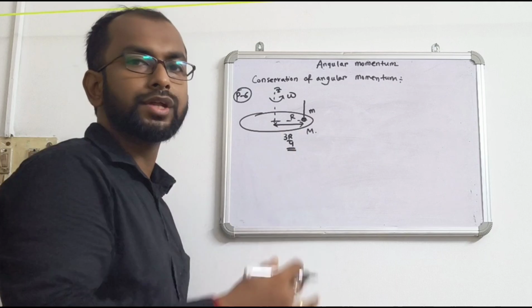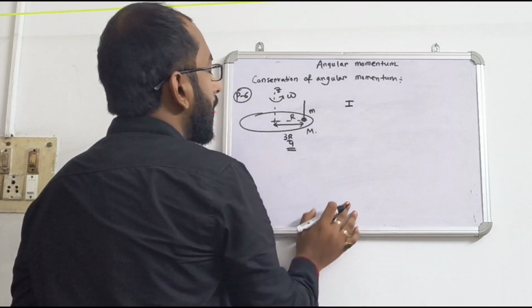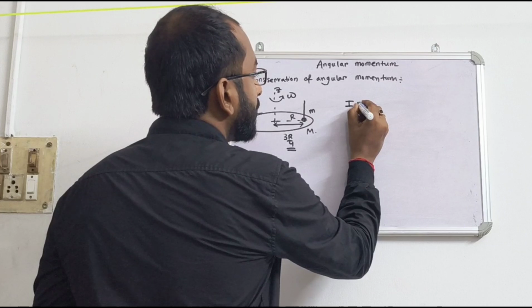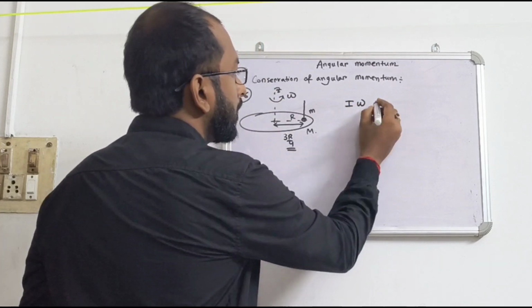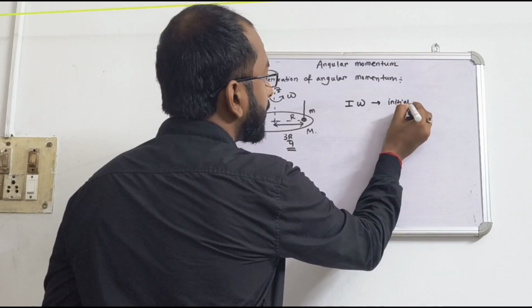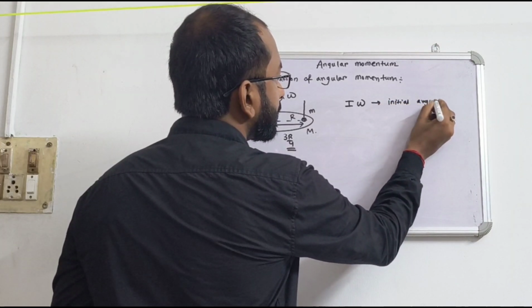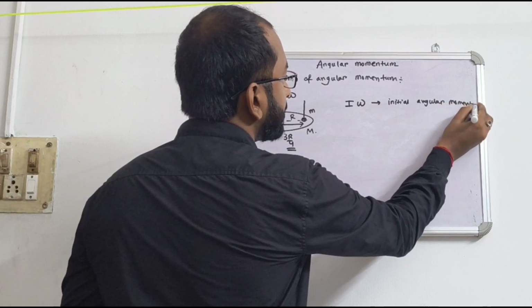See, no external torque is applied here. So if initially it is rotating with angular velocity of omega, then the multiplication I omega, that is the initial angular momentum, will be the same as the final angular momentum.